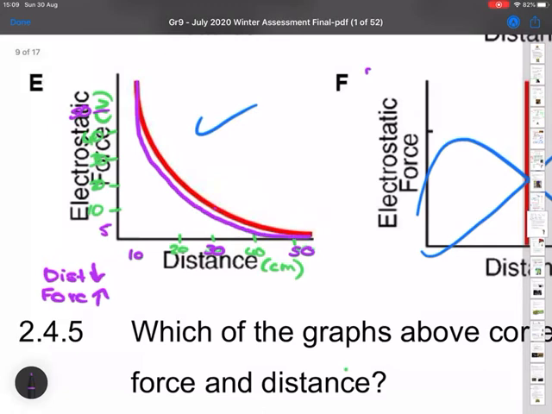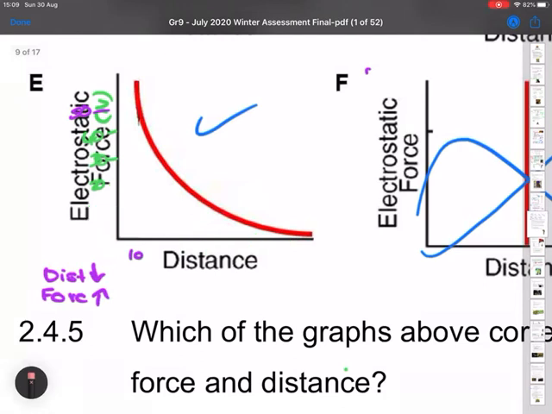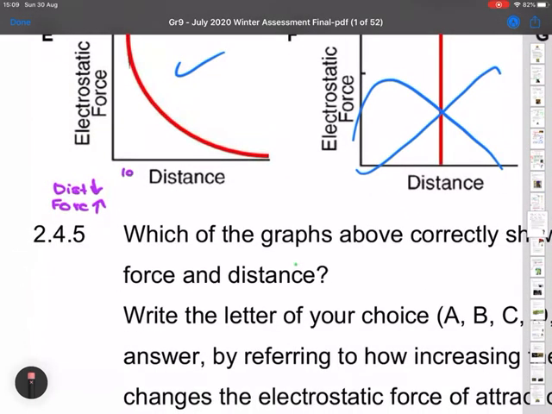As you move the balloon further away from your hair, electrostatic force becomes less and less. So option E was the correct one here, and you needed to explain that as separation distance between the objects increases, so as the balloon moves further away from the hair, the electrostatic force between the objects decreases. You could have said the opposite as well. As separation distance decreases, electrostatic force increases.